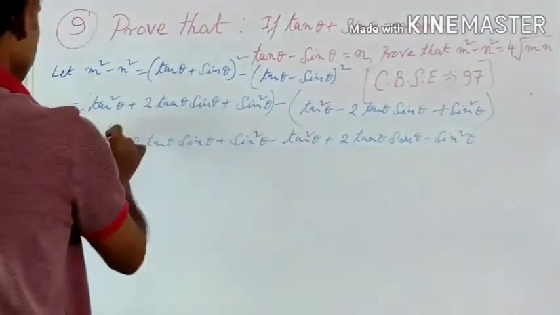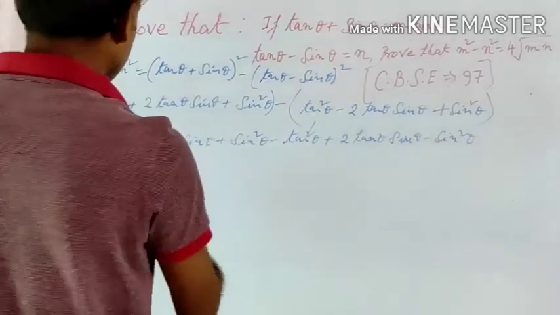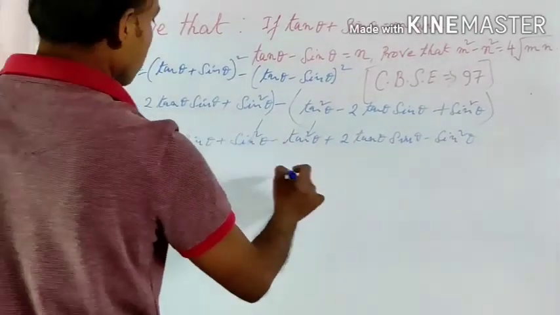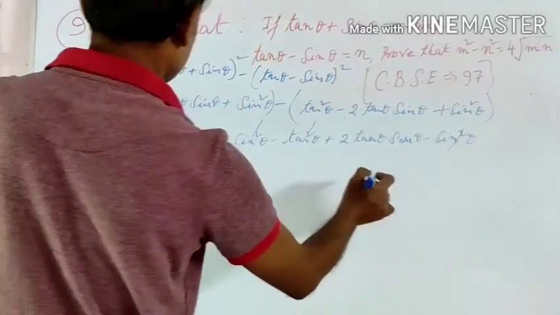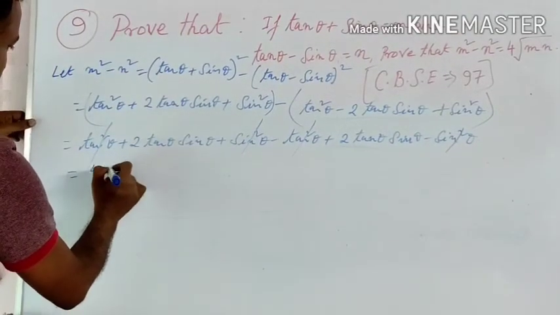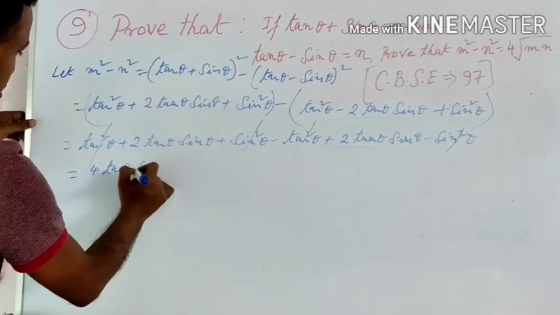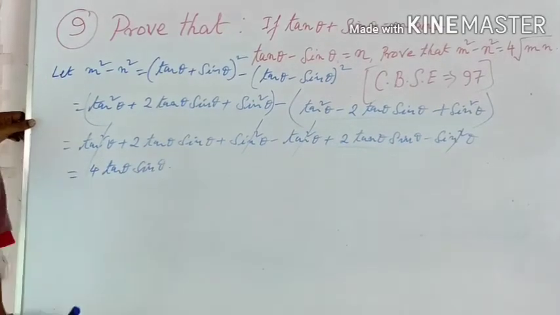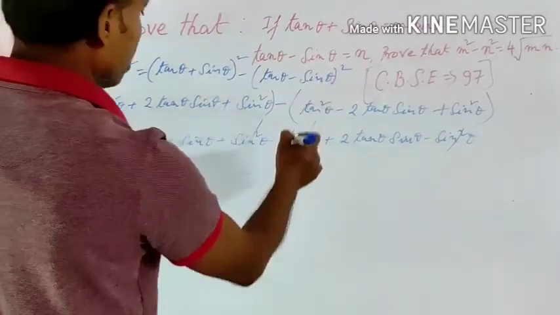So tan square minus tan square will cancel out, sin square minus sin square will cancel out, and it is equal to 4 tan theta sin theta.